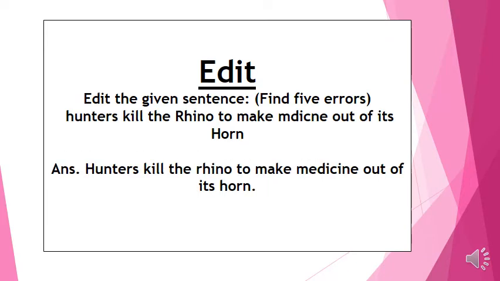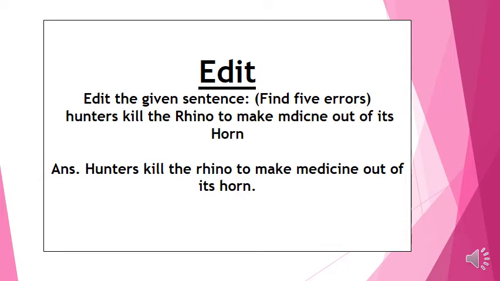Now check your answer whether it is correct or not. Hunters. Yes, we will write hunters with capital H because, yes, you are right, it's the start of a sentence. We always use capital letters when we are going to start a sentence. Hunters kill the rhino. Rhino.